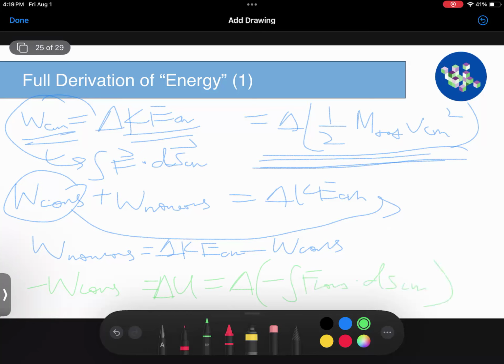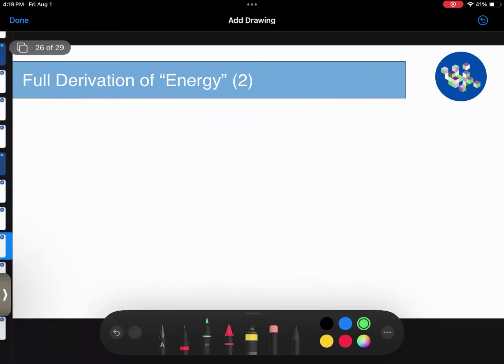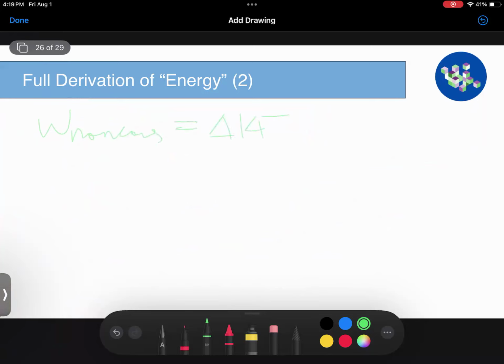That's our definition of potential energy. And so what are we getting from this? Well, let's make a new page, and that'll just give us work done by non-conservative forces is equal to the change in kinetic energy of the center of mass plus the change in the potential energy of the center of mass. That's where we get potential energy from.